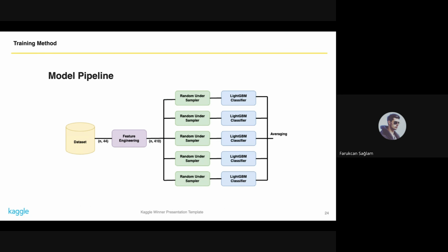Training method, as I said, I used LightGBM. I didn't create any complex architecture because it may overfit to training data. I just used one hyperparameter set. All these 5 models use the same hyperparameters. I also created a pipeline where first the data is undersampled, the 0 cases. I eliminated some 0 cases.